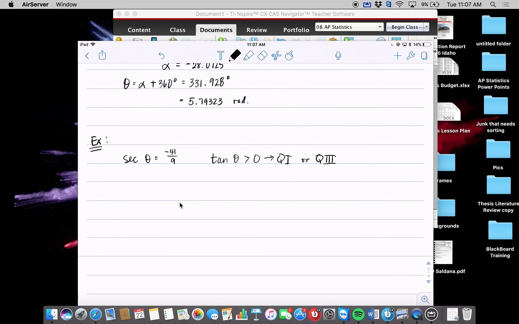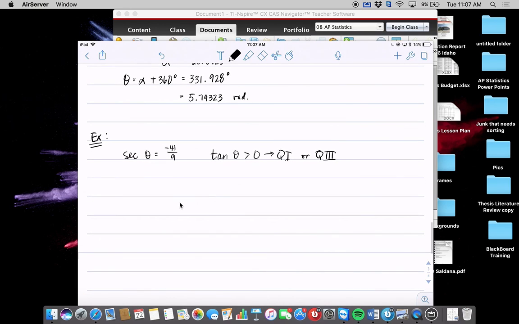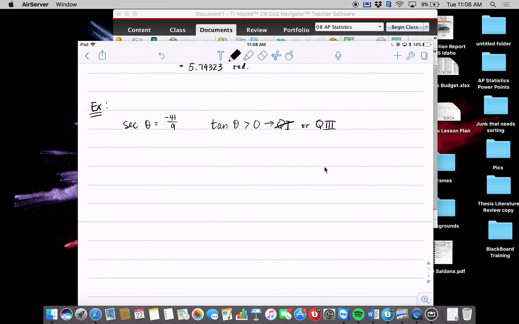Now, to determine which one of the two, let's look at secant. Secant is the reciprocal of cosine, and cosine is positive in quadrant 1. So it can't be quadrant 1 because we have a negative secant. It is negative in quadrant 3, so we're going to be working in quadrant 3. Let me draw quadrant 3 so we can visualize what we're working with.